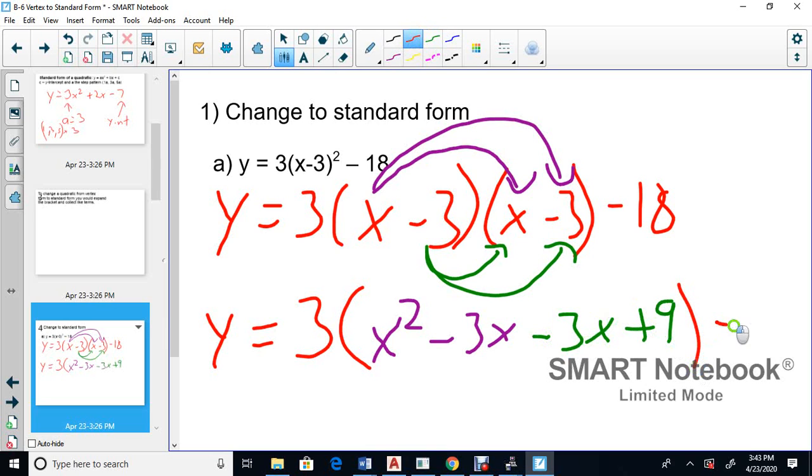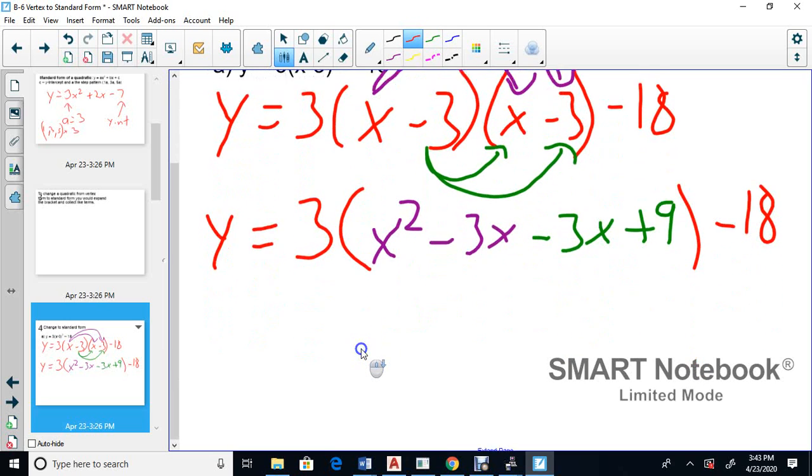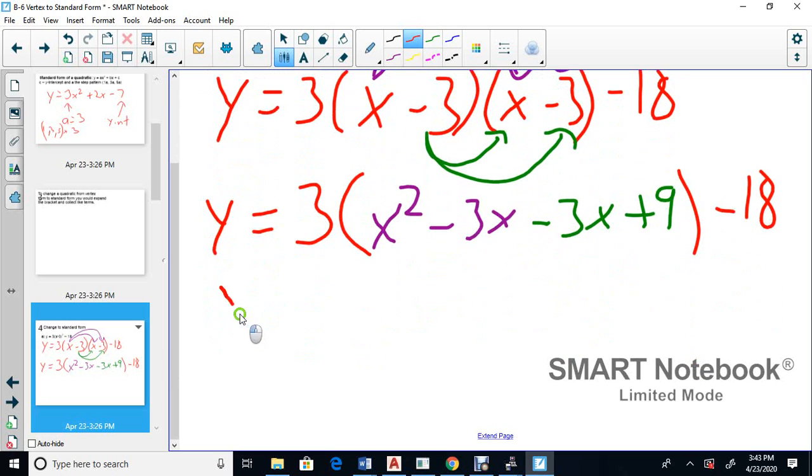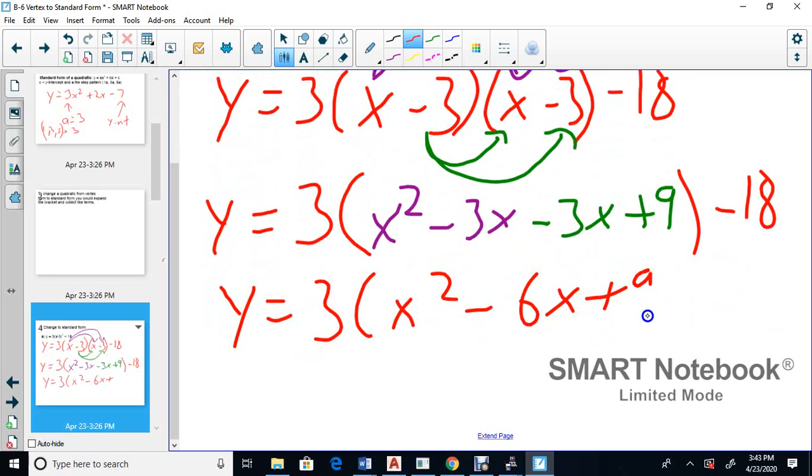Okay, and we got minus 18 at the end. Now we're going to collect like terms in the bracket. I'll continue with this red here. Y equals 3 times (x squared minus 6x plus 9) minus 18. So we just collected the like terms.